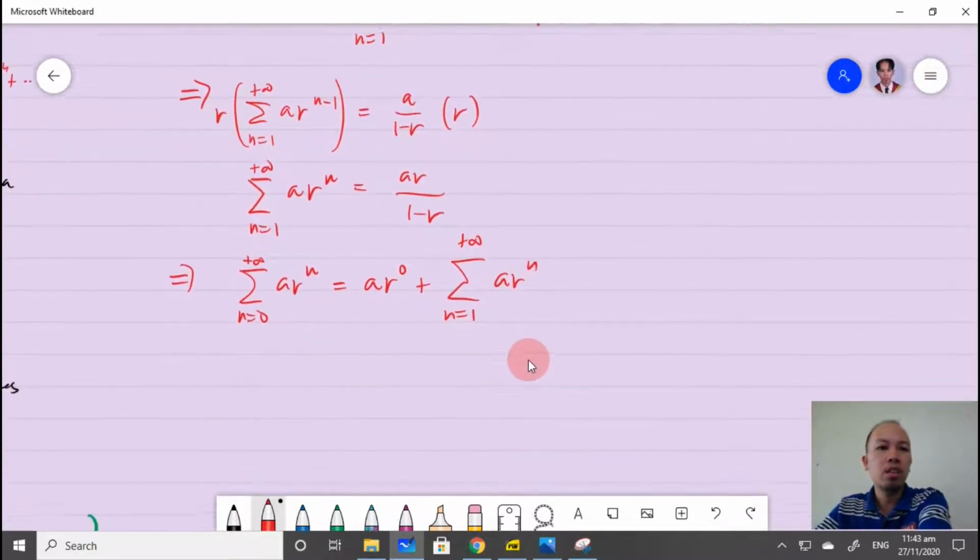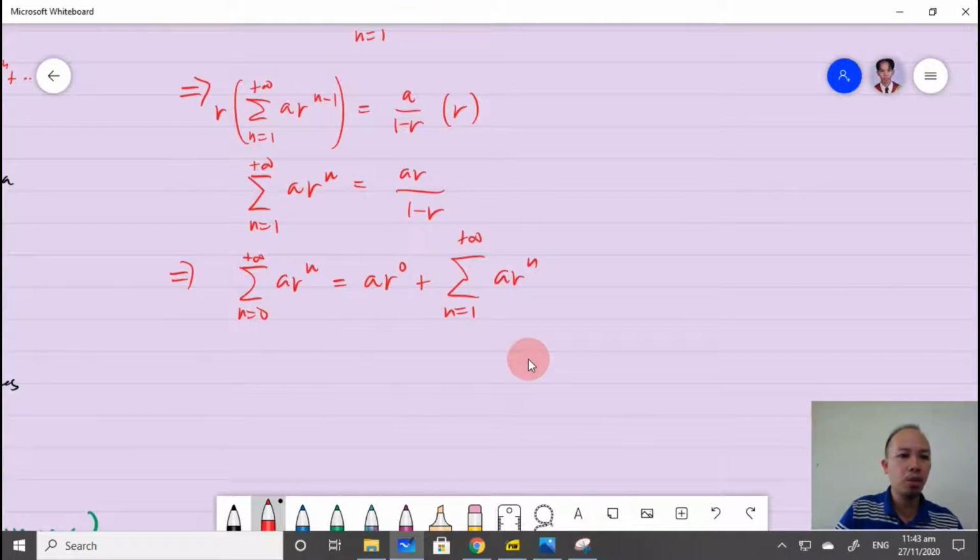And we know that r to the 0 is 1, so this first term is a. The second term is a r over 1 minus r.